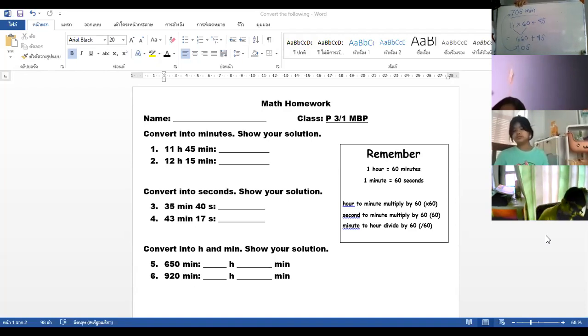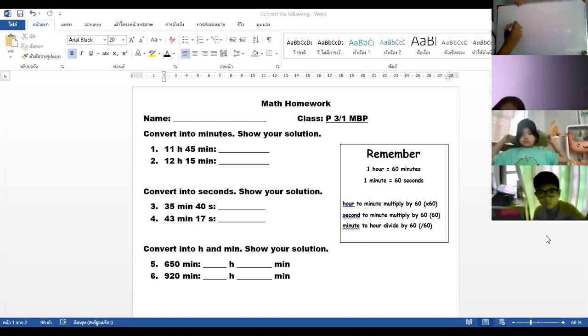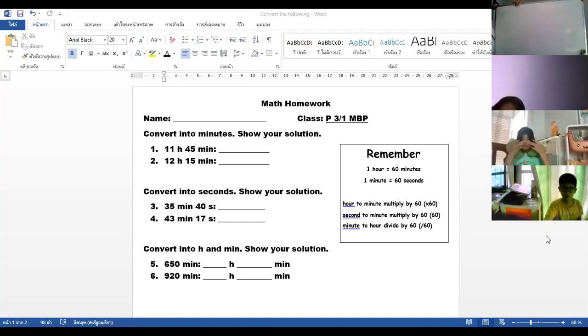Okay, now let's proceed to number 2. 12 hours and 15 minutes. So how many minutes in 12 hours and 15 minutes? Spy, what's the answer?